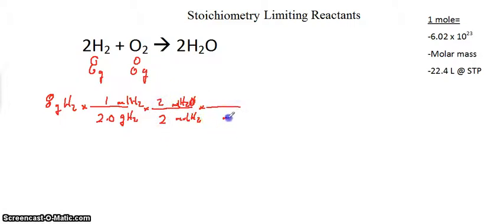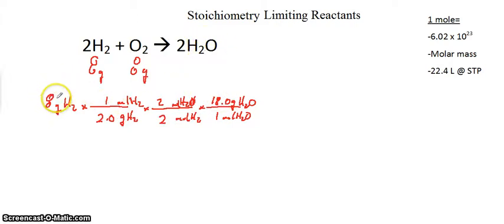And then I can go from moles of H2O to grams of H2O. You could actually stop here and go with moles too. You don't have to go all the way to grams, but I'm just trying to illustrate the point, so I'm going to take it all the way. And again, 1 mole of water is 18.0 grams. That is the molar mass that I get by adding everything up here.